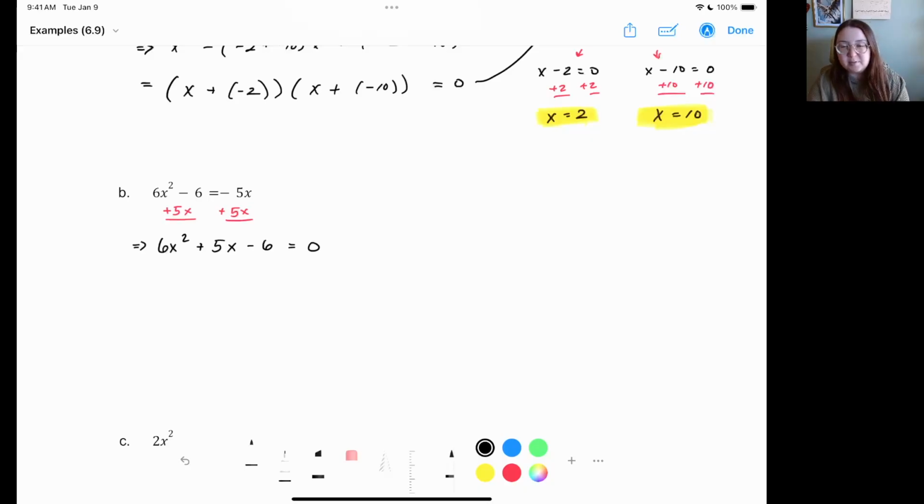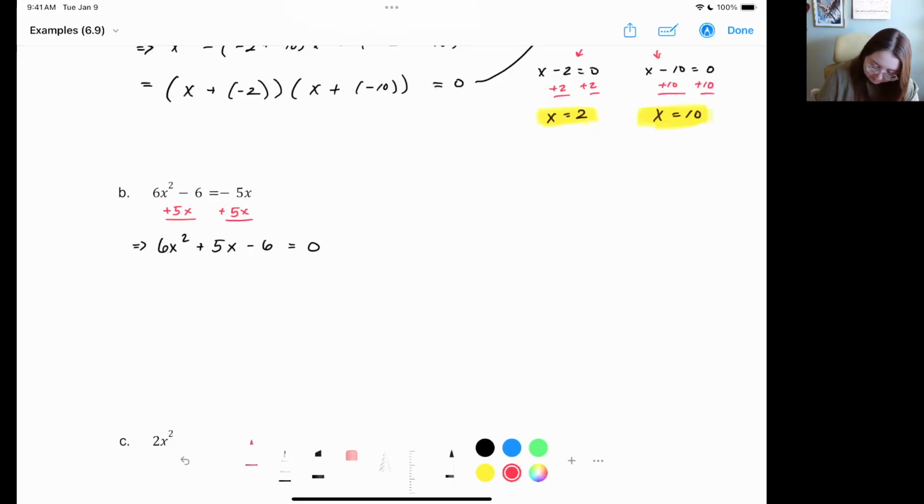So remember the steps for that were to multiply the first and the last number together, expand the middle number with the two numbers that multiply to be the product of the first and last number, spread it out, group them up, get the greatest common factors, and separate them that way. So that's what we're going to do in this case. It will be factored that way. I picked it for that reason, so we will be able to do that. So let's go ahead and do it together.